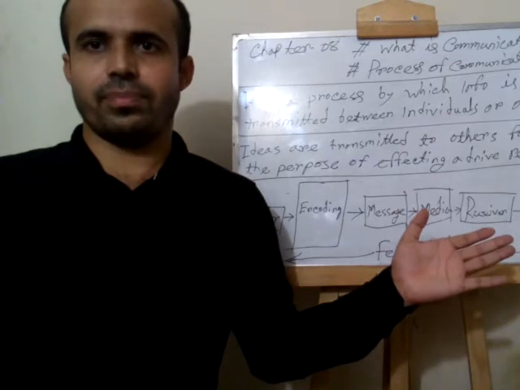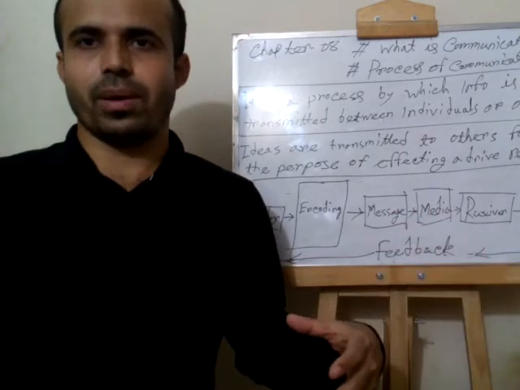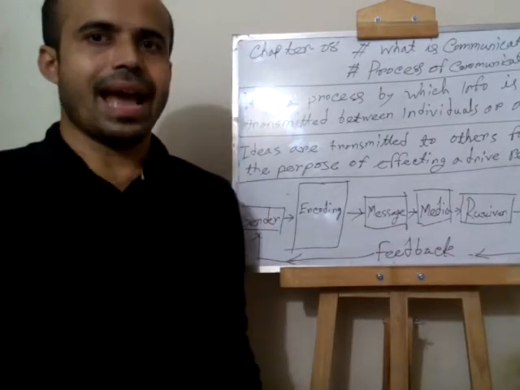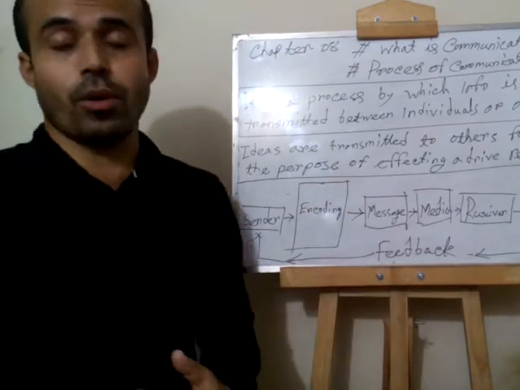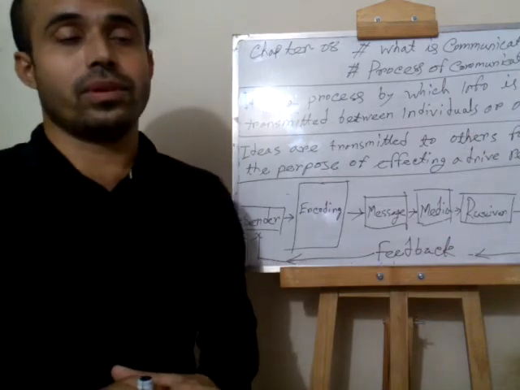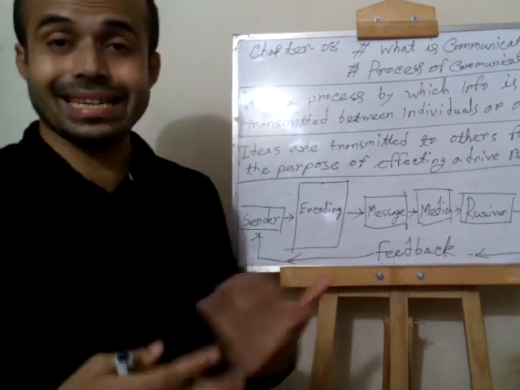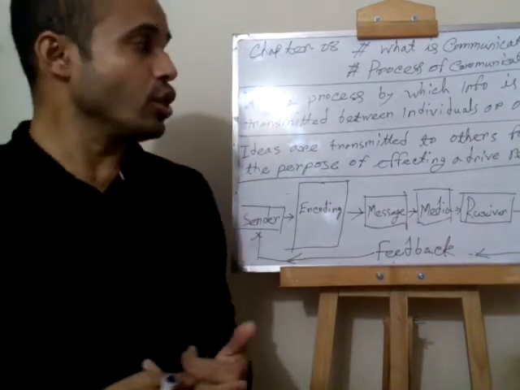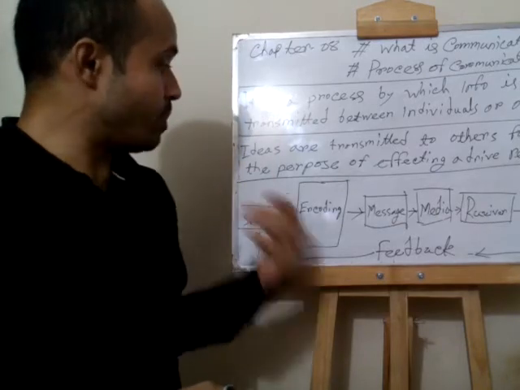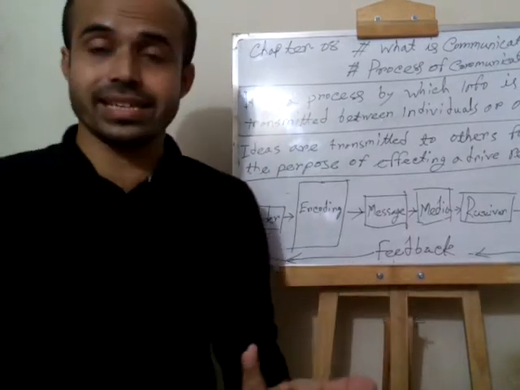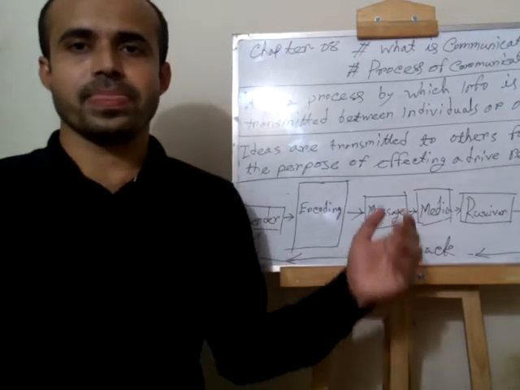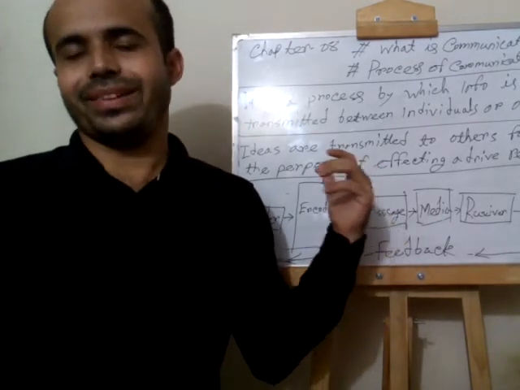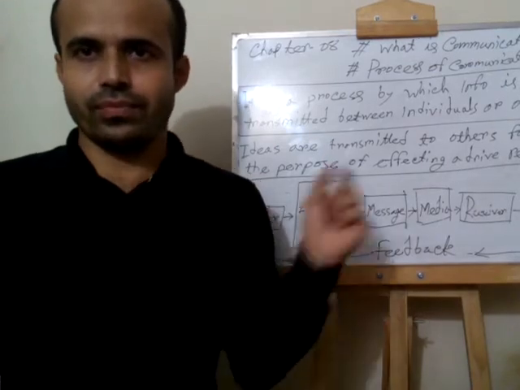This is a good definition of communication. And the second, we can say communication is a process by which ideas are transmitted to others for the purpose of effecting a desired result. So these are the two definitions. You can give any one of them.